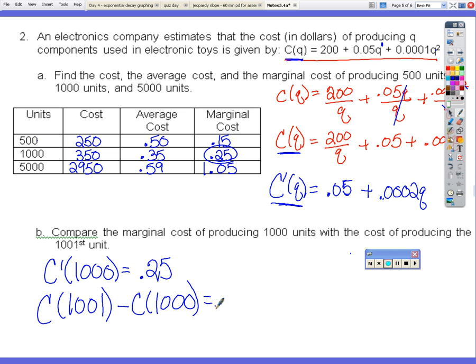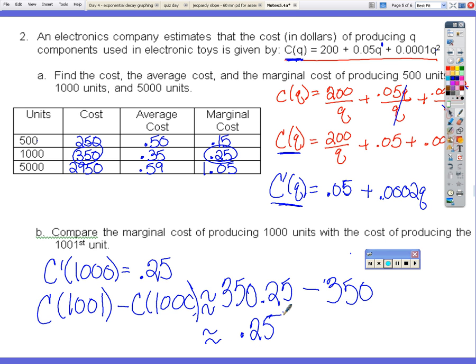So for the cost of producing 1,001 units, we're going to use our original cost equation. When you plug that in, you're going to get $350.25. And actually, I should change my equal signs here because it's just an approximation. It's not an exact value when you find it using the n+1. Now, if I plug in 1,000, we found that that cost was $350. And when we subtract, we get the same answer of 25 cents.